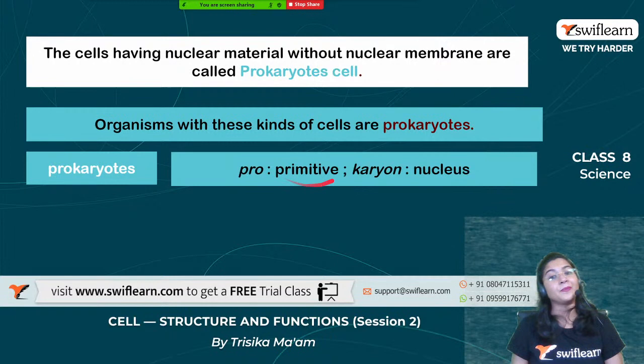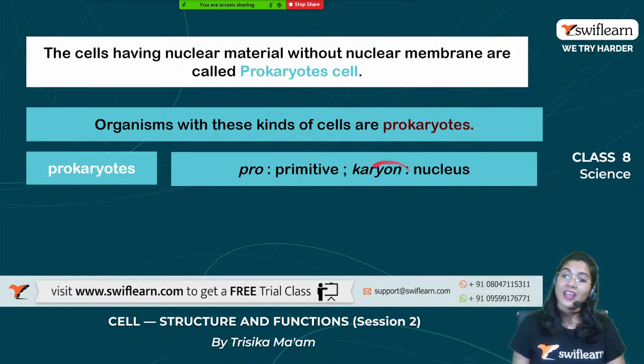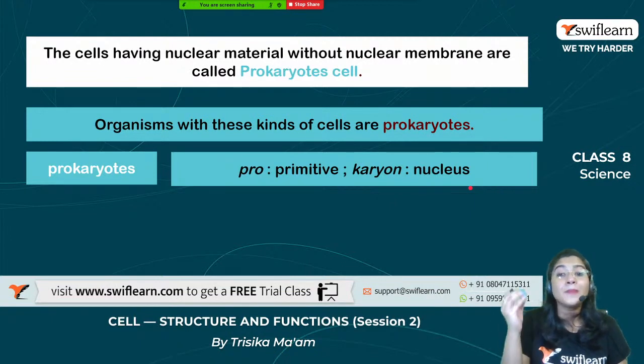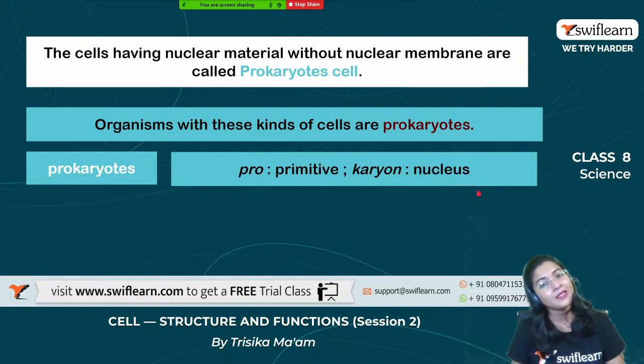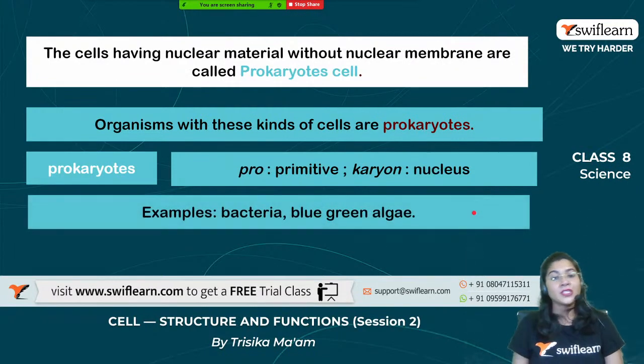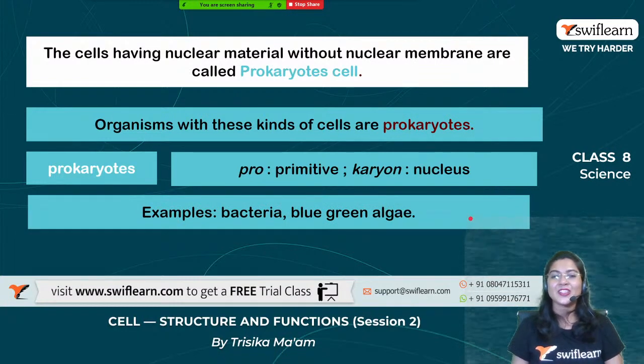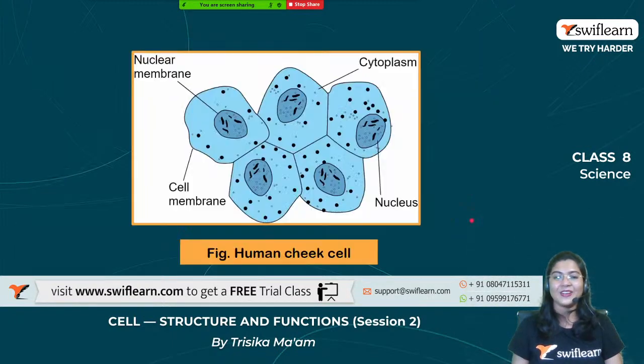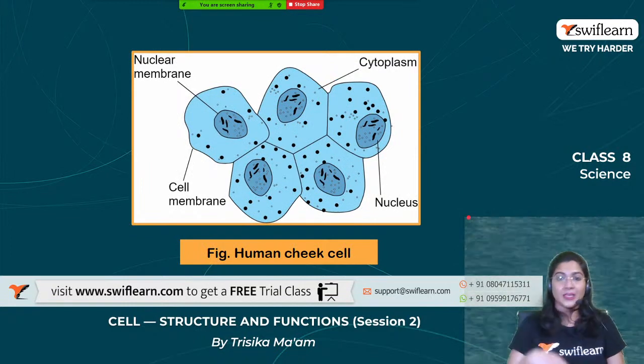Pro means primitive and karyon means nucleus. So the organisms having this type of cells are having a primitive type of nucleus, not the advanced type. Clear? So this type of cell we can find in the bacteria and blue green algae. Clear up to this much? Any question? Now let us move on to another type of cell.